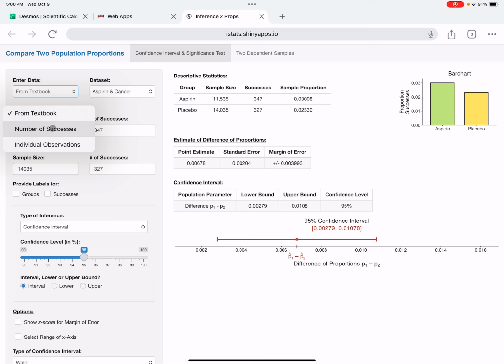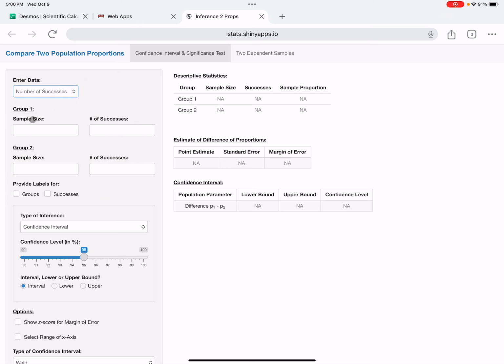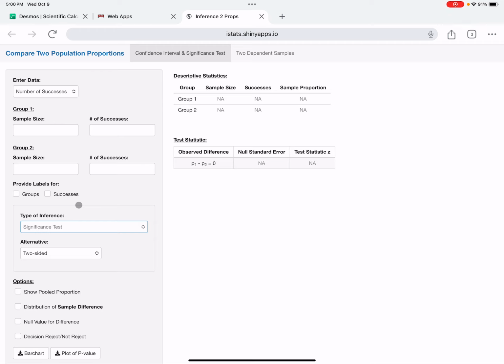We want to use our own example, so we'll click on number of successes. It looks like what we're being prompted to enter is the sample size and the number of successes for each group. I would imagine we're also going to want to do a significance test rather than a confidence interval. And we have to enter what the alternative hypothesis is, whether it's left-tailed, right-tailed, or two-tailed.